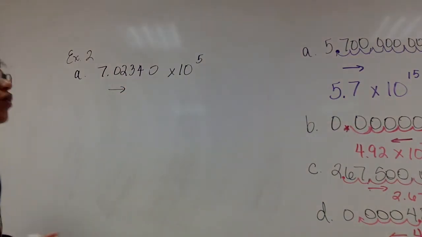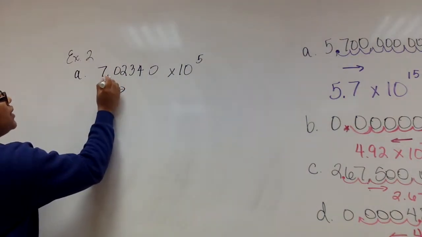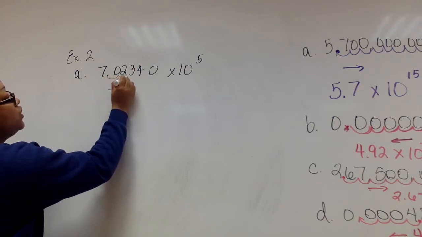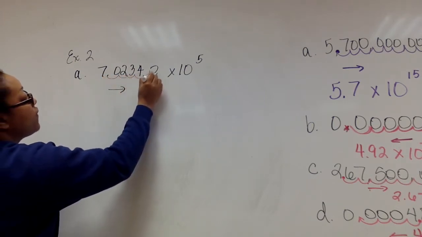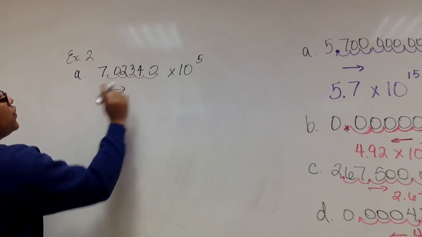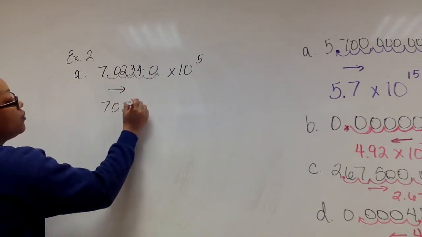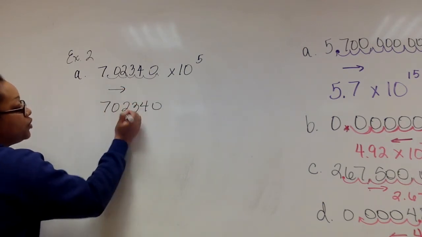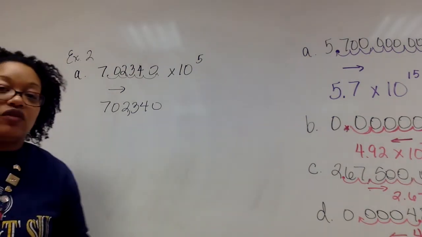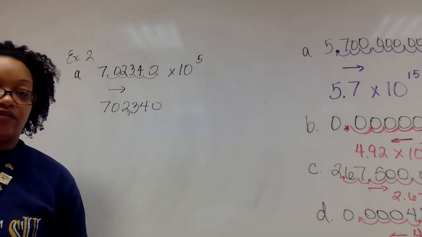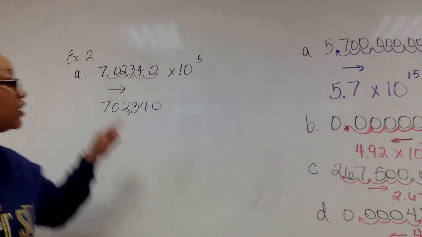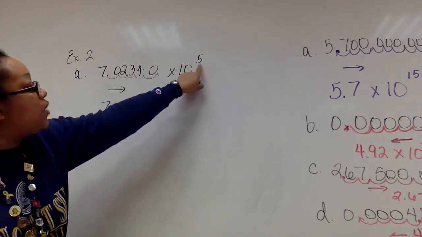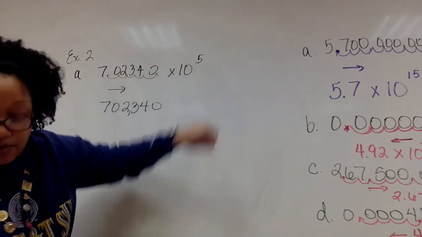So I start here at my decimal and I just count. 1, 2, 3, 4, 5. That's where I stop. So this number in standard form, you put in your commas, is 702,340. That's it. I started at the decimal and I counted. I went to the right because it was a positive number.